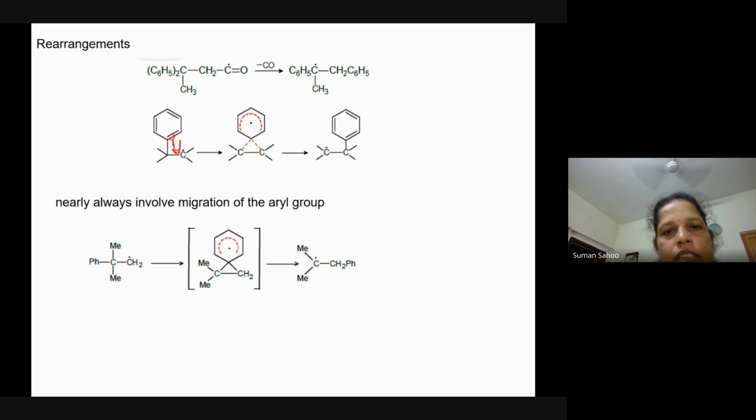First it was on this carbon, the phenyl group. Because of this radical rearrangement, it has gone to carbon number 2. First it was on carbon number 1, then it has migrated or shifted to carbon number 2. In migration, most of the time the aryl group migrates. That means the migratory aptitude of the aryl group is more as compared to your methyl group.